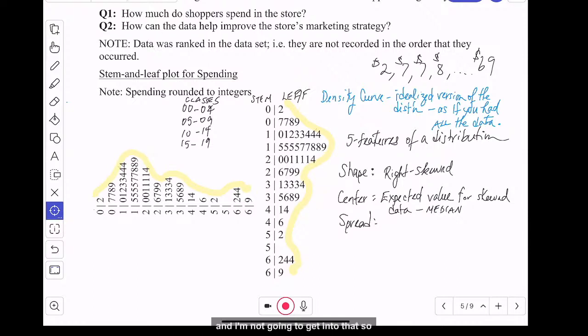And I'm not going to get into that so much because I'm not going to teach about the median much, but you need to know the difference. Okay, you need to know the difference. So for expected value, we don't use the mean, we use the median.